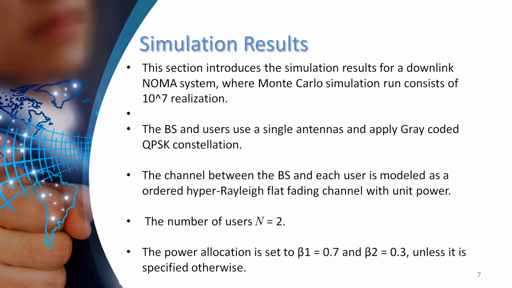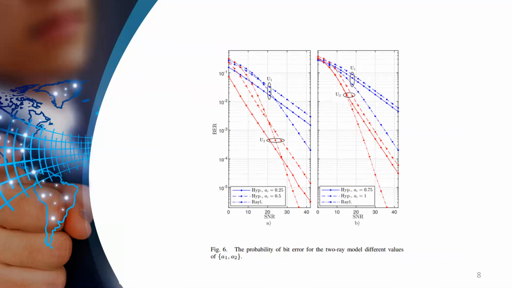The channel between the base station and each user is modeled as an ordered Hyper-Rayleigh flat fading channel with unit power, and the number of users is 2. And the power allocation coefficients are set to 0.7 and 0.3 unless specified otherwise.